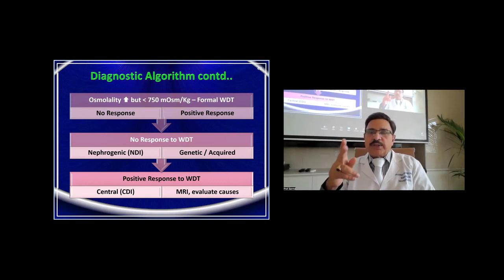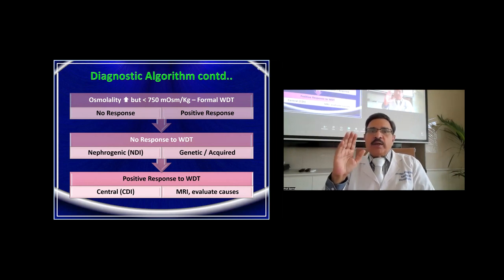One, admission. Two, you monitor the electrolytes and renal function every couple of hours, and also you give him exogenous vasopressin just to see whether the kidney is responding for the exogenous vasopressin. And then in this compulsive water deprivation test, we have 24-hour period, we restrict the water.